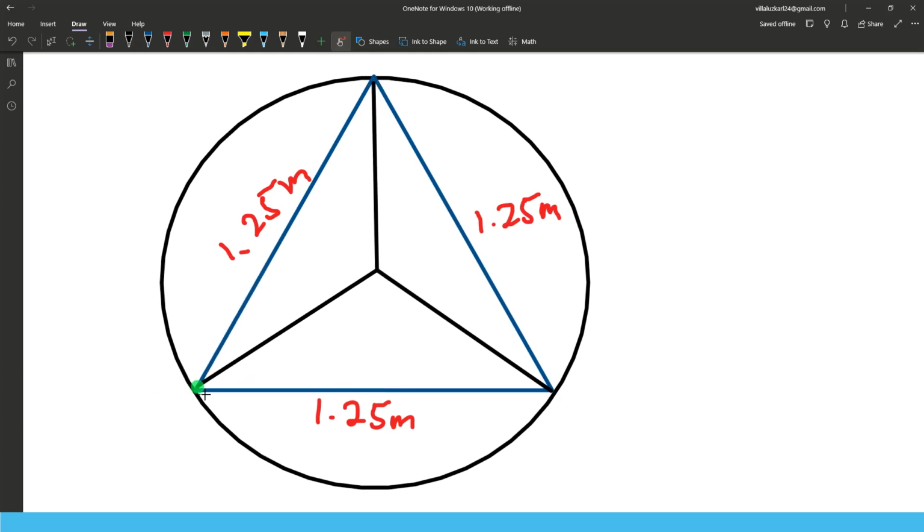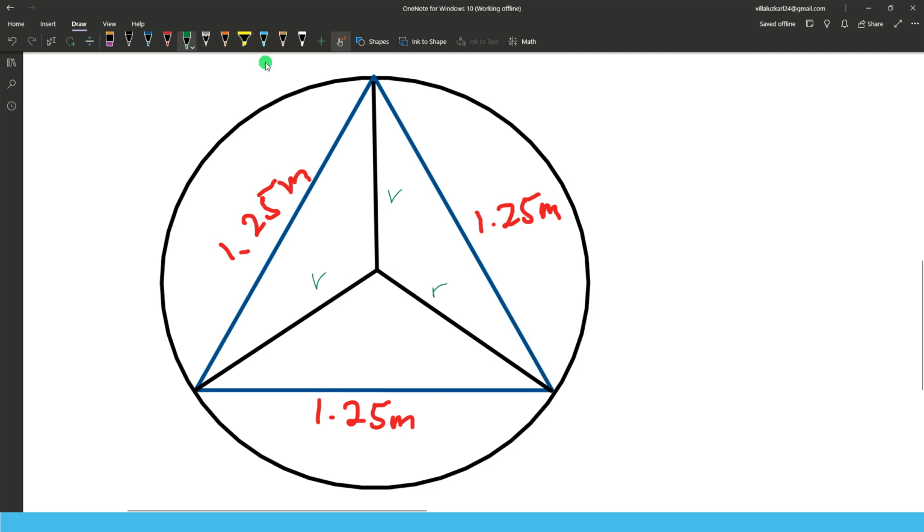Because the location of the center of a circumscribing circle on a triangle is called the circumcenter. Now, this is radius r, and r.